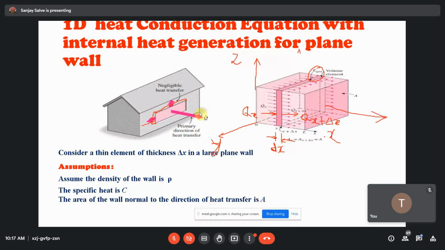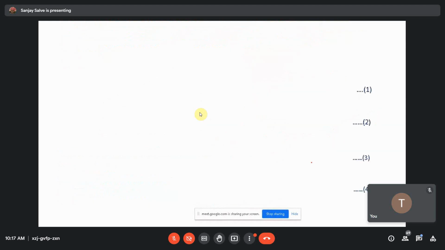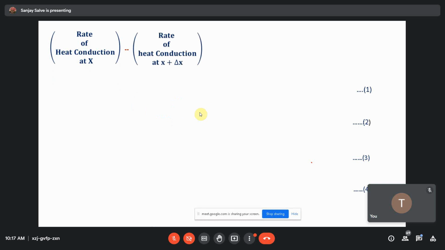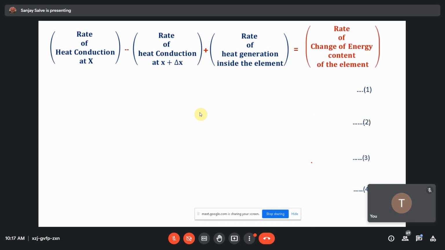So here I can write the equation: rate of heat conduction at x, minus rate of heat conduction at x plus delta x, plus the rate of heat generation inside the element, is equal to the rate of change of energy content of the element.